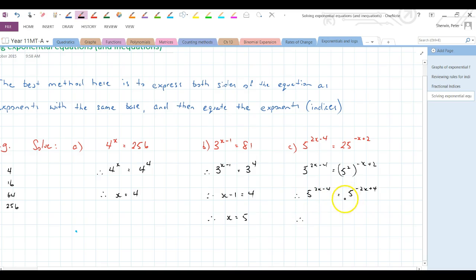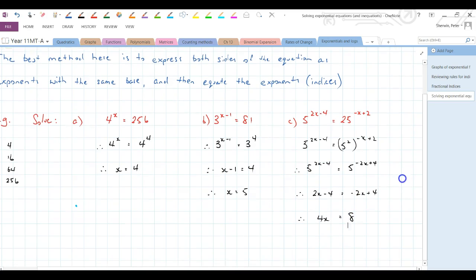Therefore now I can drop my common base. I can just equate my powers. 2x minus 4 equals minus 2x plus 4. Alright, so putting all this together, I get 4x is equal to 4 plus 4, 8. So I've solved the equation, x equals 2.